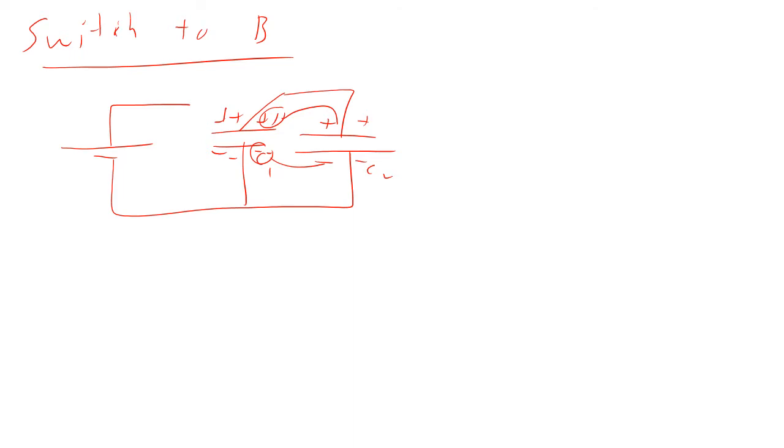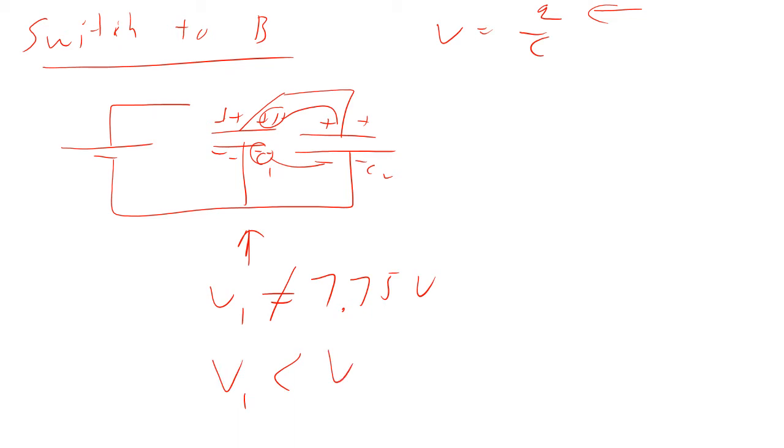Obviously Q1 changed and Q2 changed, and the voltage is Q over C, so V1 is not going to stay the same. It's going to change because some of the charge left. If the charge decreased because some of it went to the other capacitor, that means V1 is going to end up being less than the original.